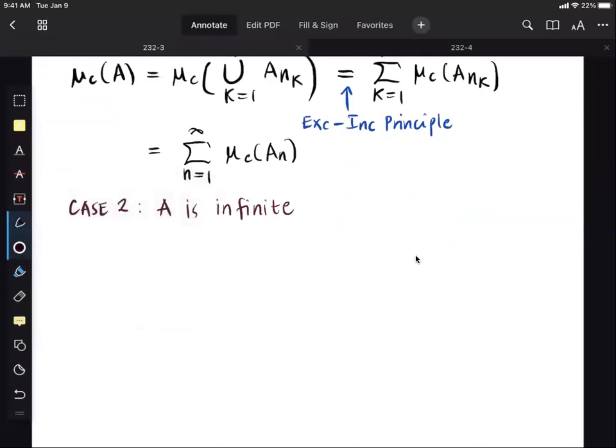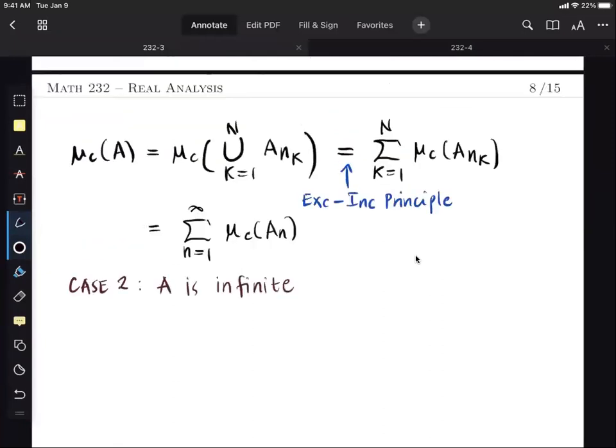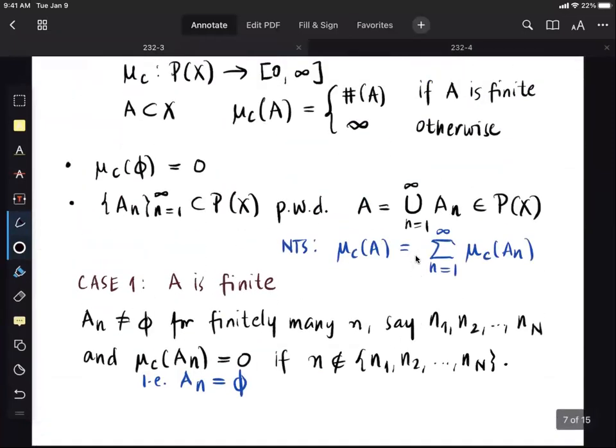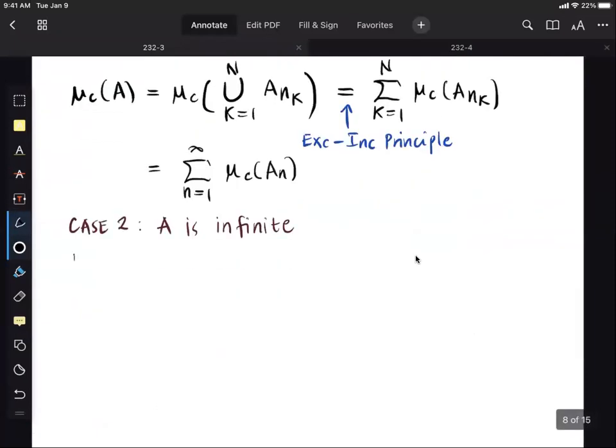Okay, so you have a pairwise disjoint collection, A sub n here, wherein the union is infinite. So there are two cases here. Either A sub n is infinite for some n. So if at least one of the sets involved is infinite, therefore the countable union will be infinite as well.